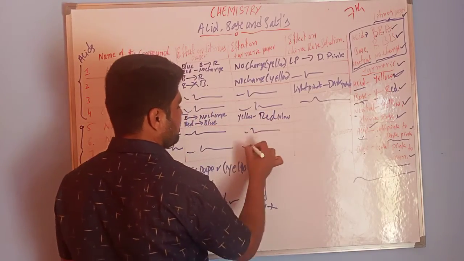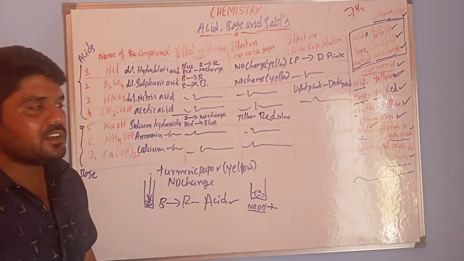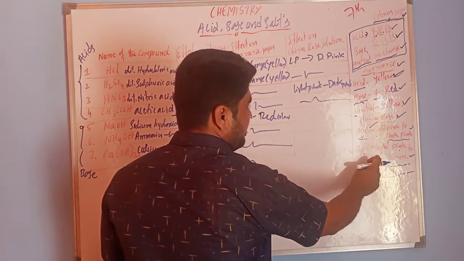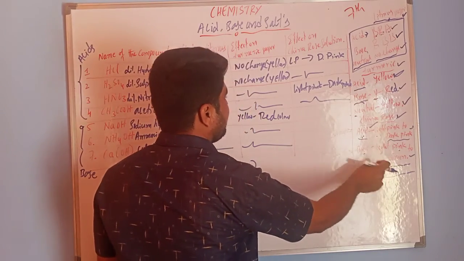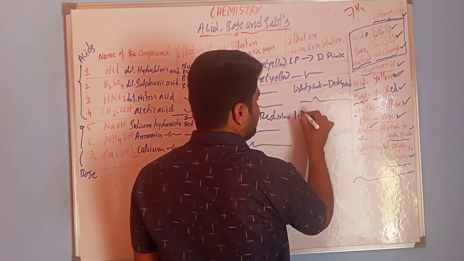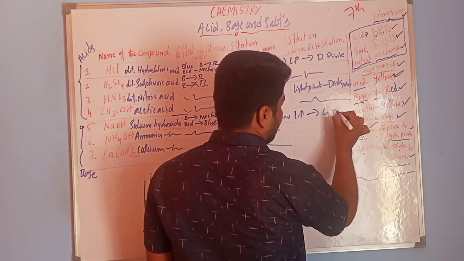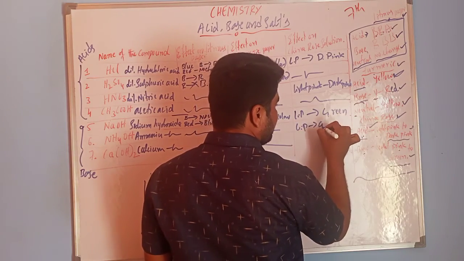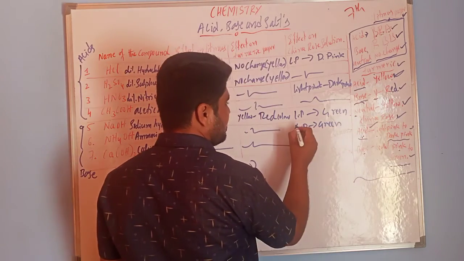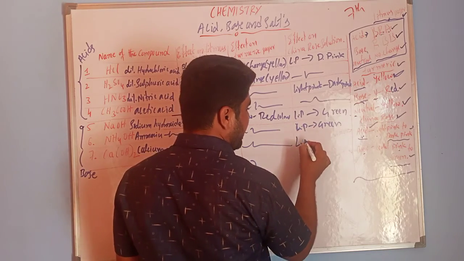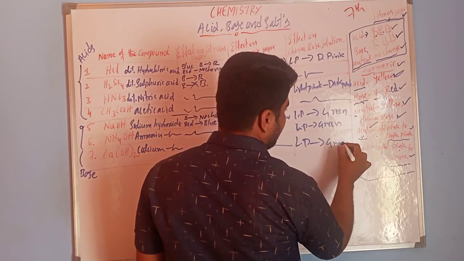All the bases give the same answer. Next is the effect on China rose solution: light pink to green color. Why? Because these are bases. LP means light pink, to green.